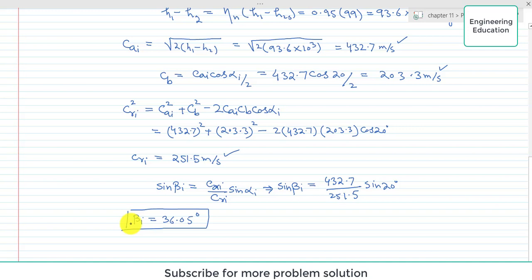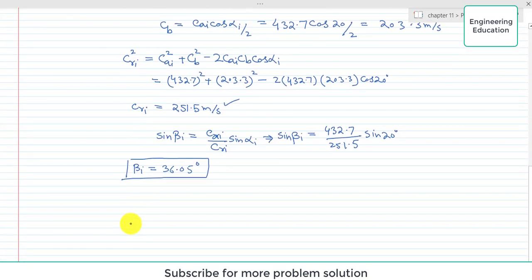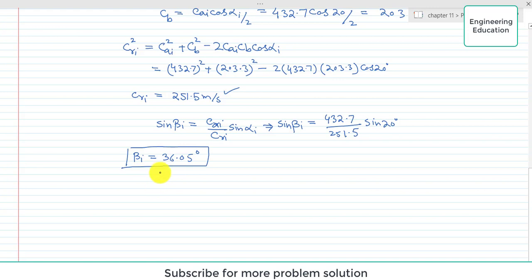Now to find the relative velocity at exit, we have the expression that CRE is equal to K CRI. K is known to us, which is 0.9, and the value of CRI is 251.5 meter per second. Simplifying this, we get 226.4 meter per second.